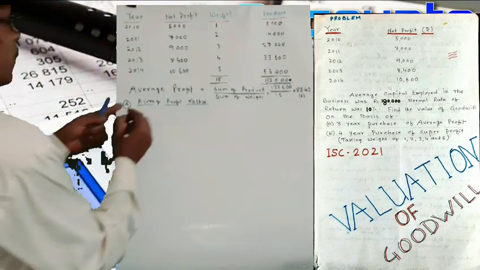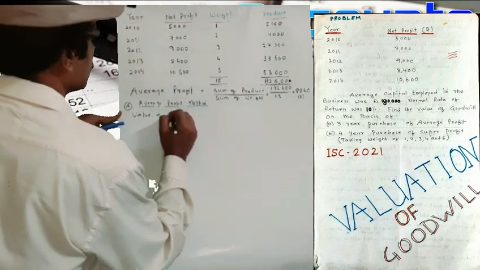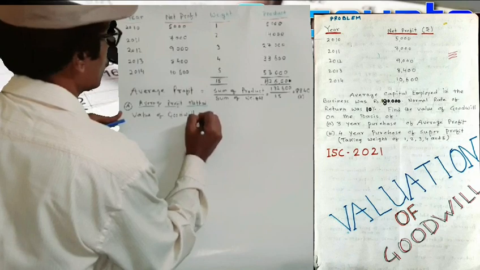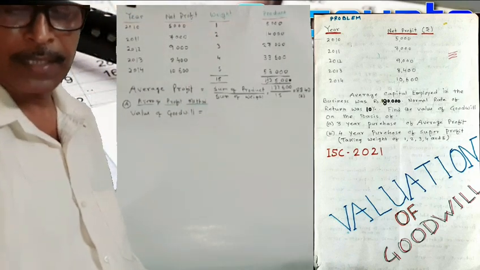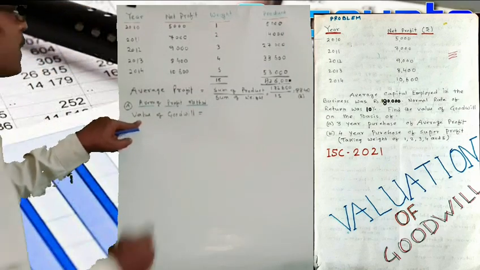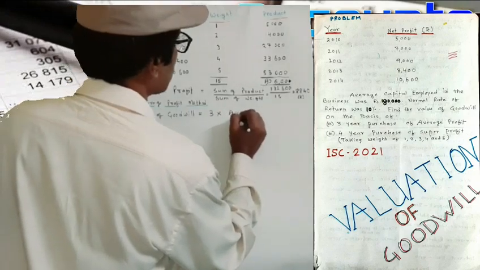Under the average profit method, the value of goodwill equals, as in the question paper part A, 3-year purchase of average profit.